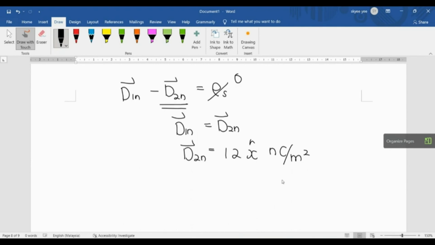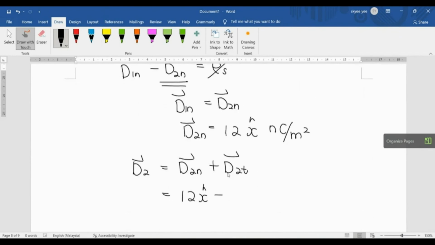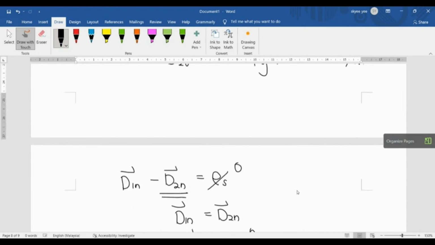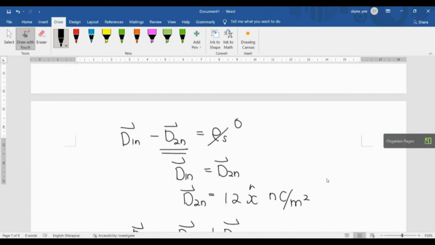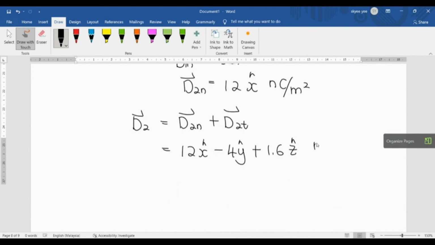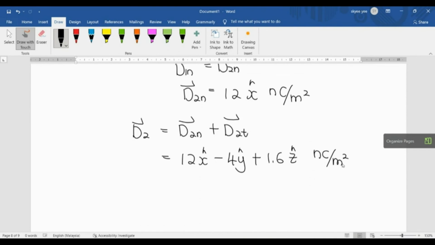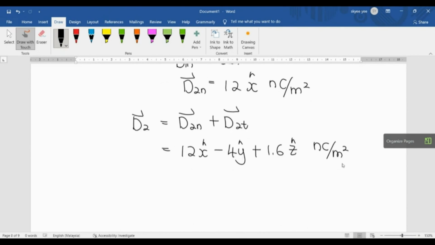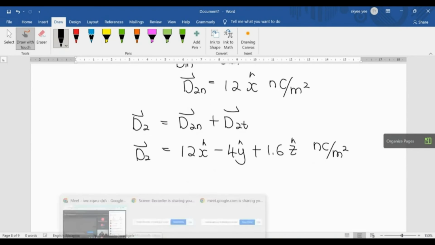Now we combine them: D2N plus D2T will be 12x minus 4y plus 1.6z nanocoulomb per meter square. So this one will be D2.